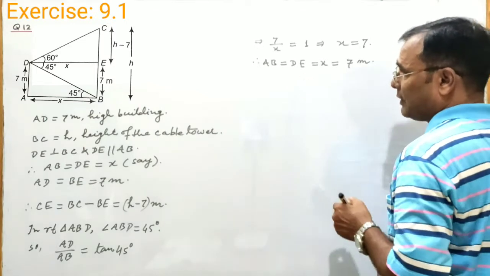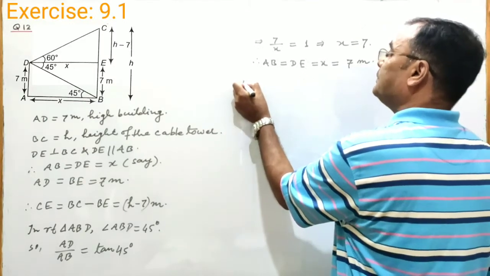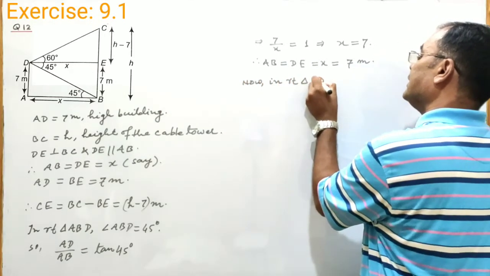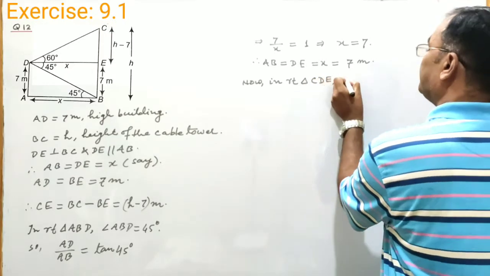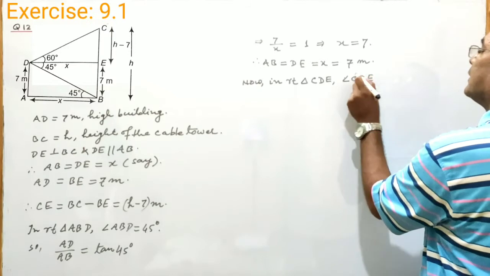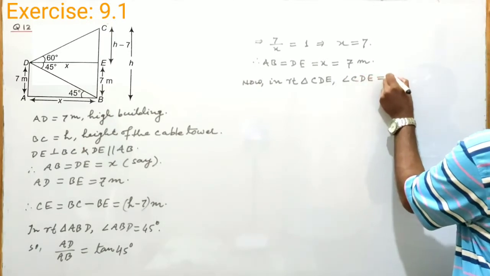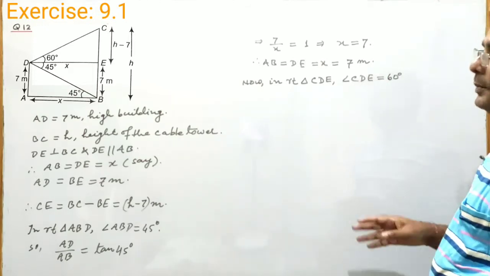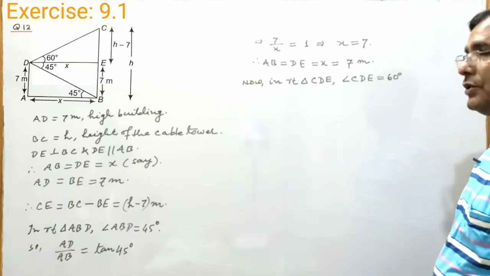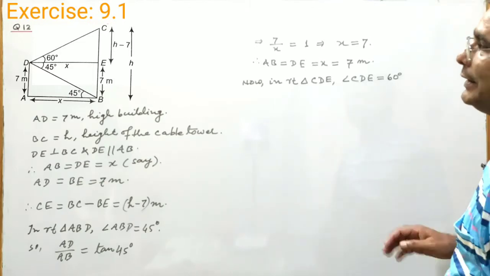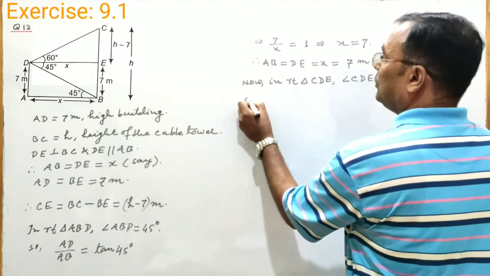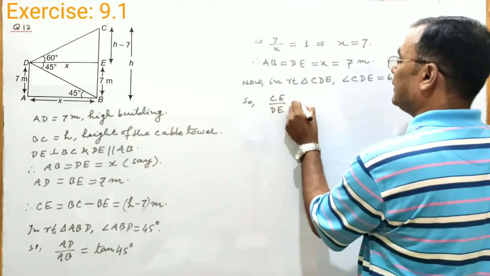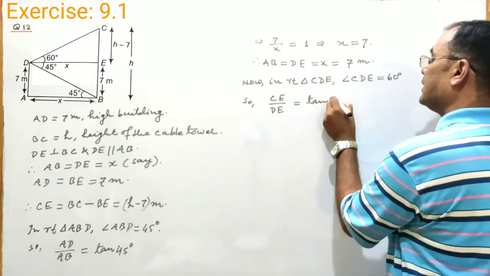Now in right triangle CDE, angle CDE is equal to 60 degrees, which is the angle of elevation of the top of the cable tower C from the top of a 7 meter high building D. So CE by DE equal to tan 60 degrees.